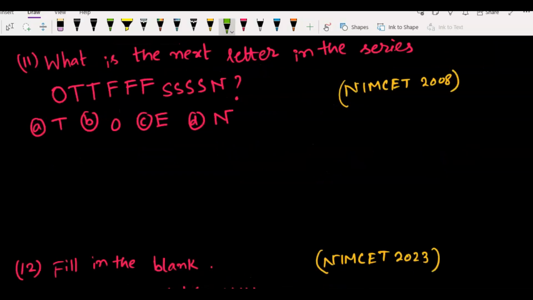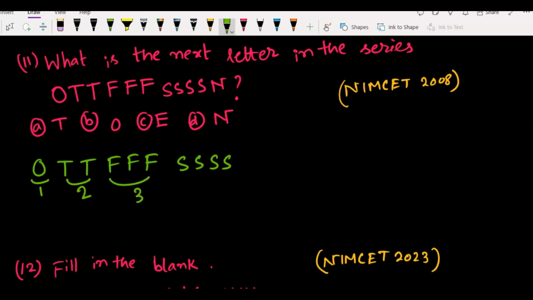Option B. Now this question says, what is the next letter in the series. This came in NIMCET 2008. So first we have O, 1 O, then 2 T, then 3 F, then 4 S. Then the pattern follows: first is 1, then 2, then 3, then 4, then there is 1 N. So there should be 5 N's.